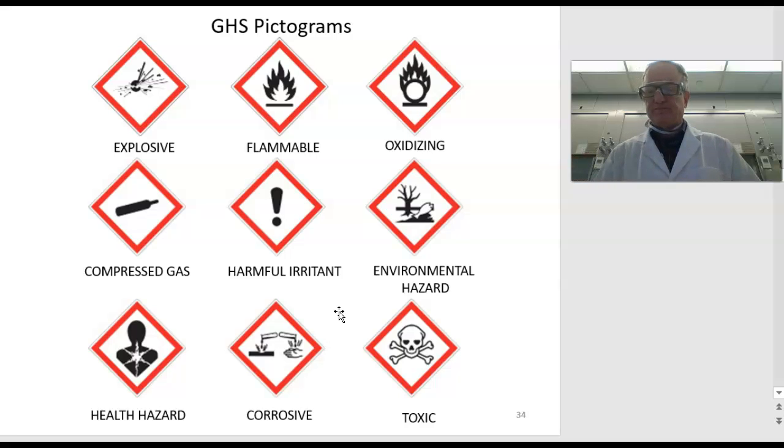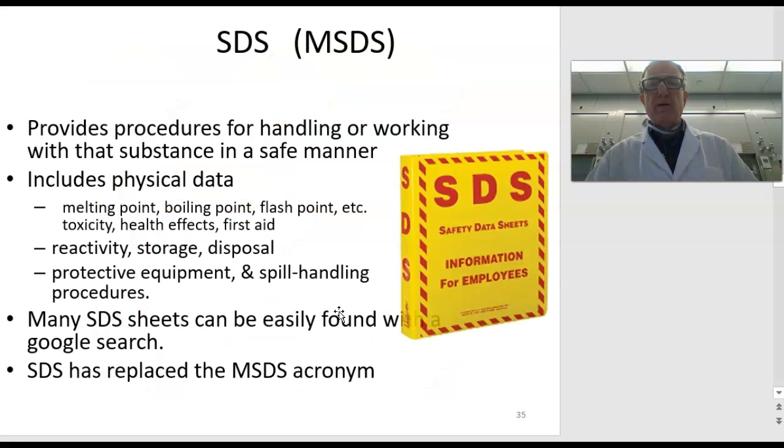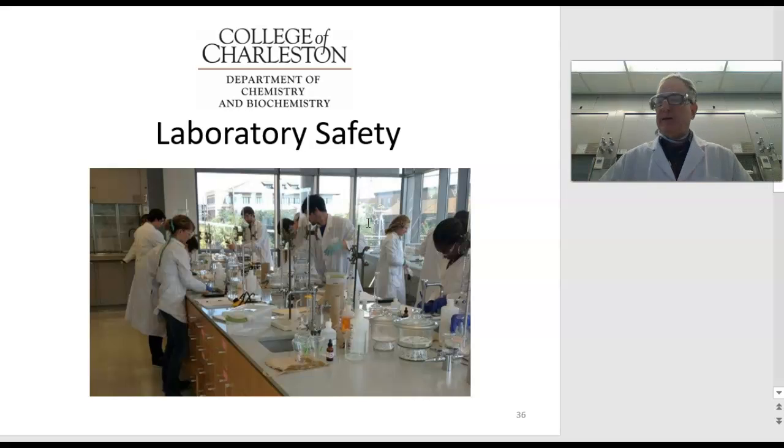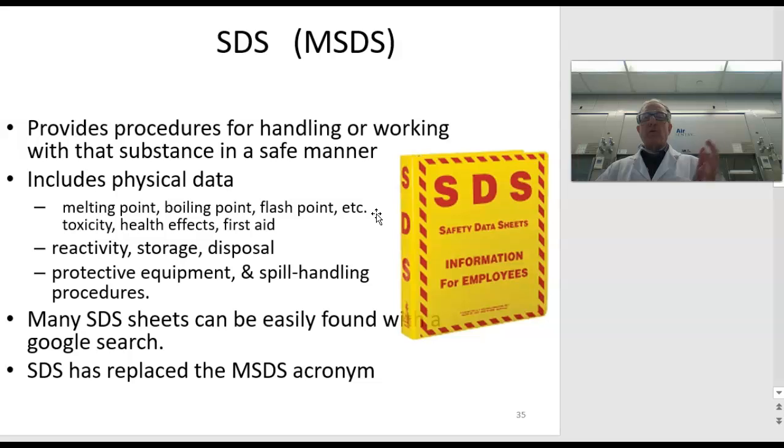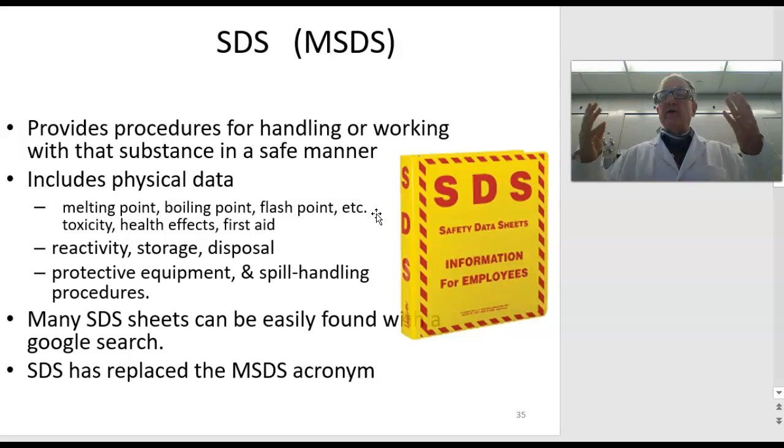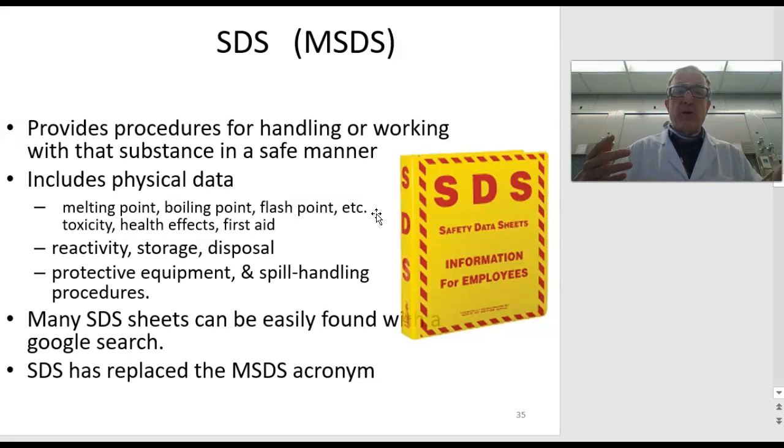Okay. So, SDSs, formerly called MSDSs, provide information about procedures for handling or working with substances in a safe manner. They include physical data such as melting point, boiling point, flash point.